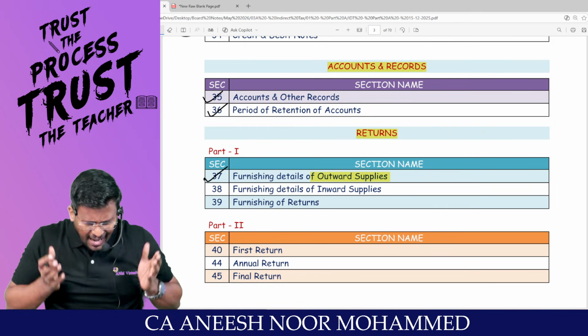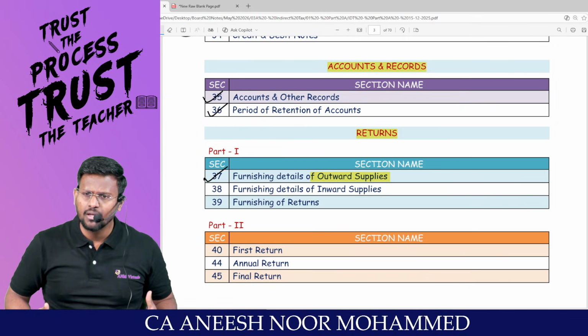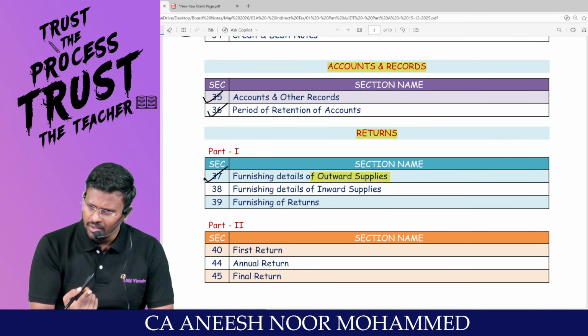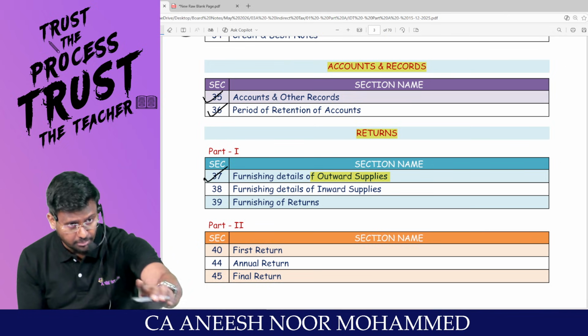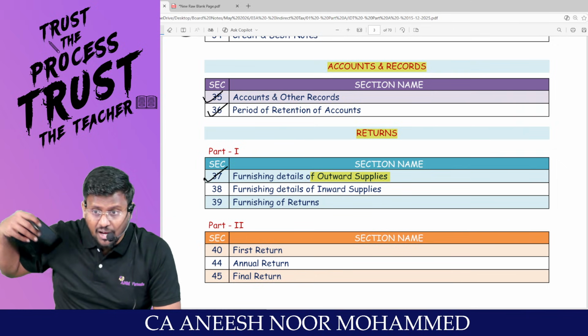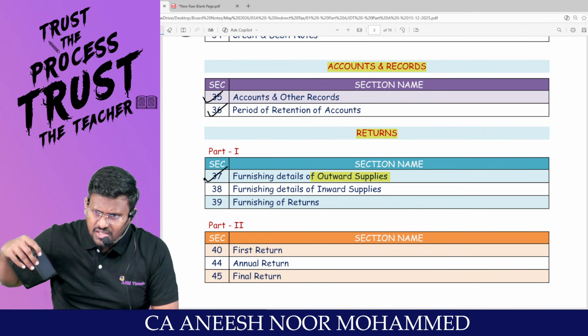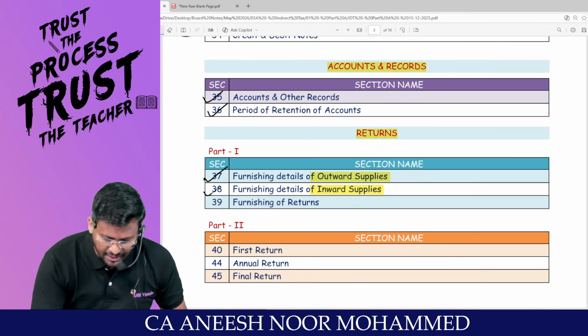So think from the angle of ANM. Sir, it is my outward supply. My outward supply is your inward supply. Sir, I am selling a calculator to you. That means I would have purchased the calculator. So I also will be having inward supply. All my inward supply should be mentioned in section 38.